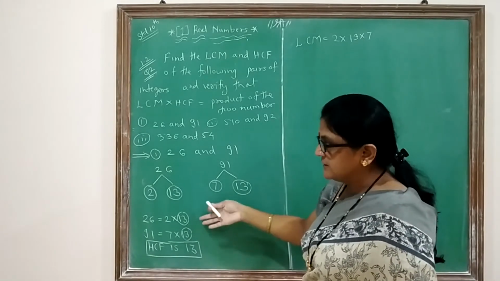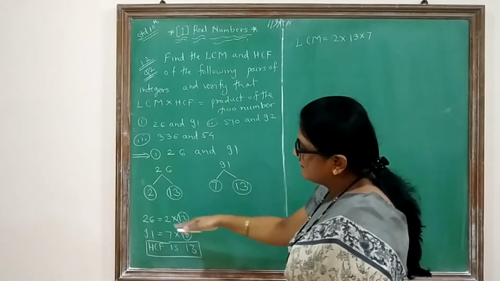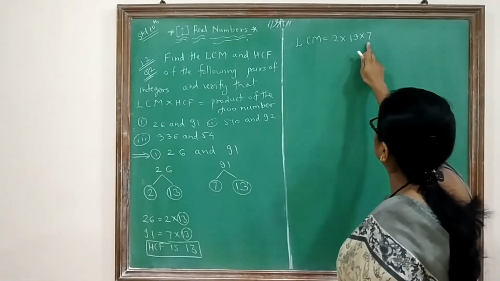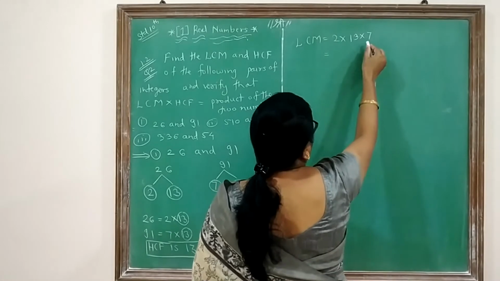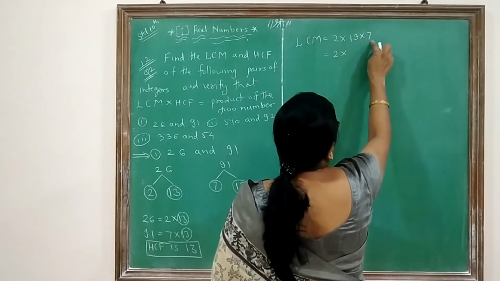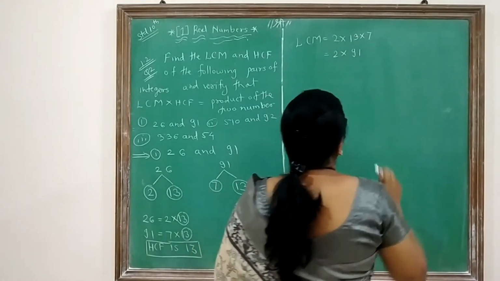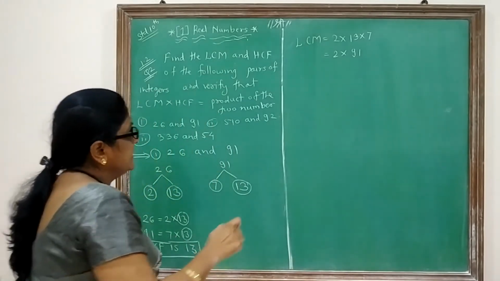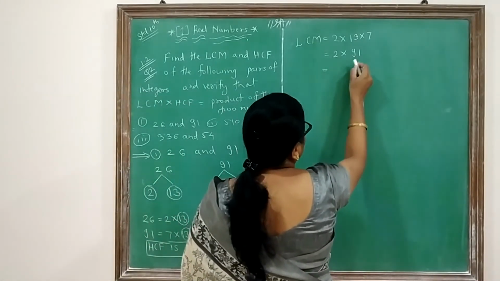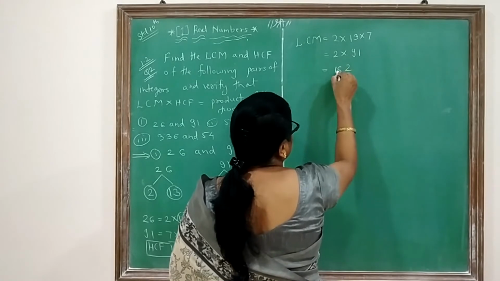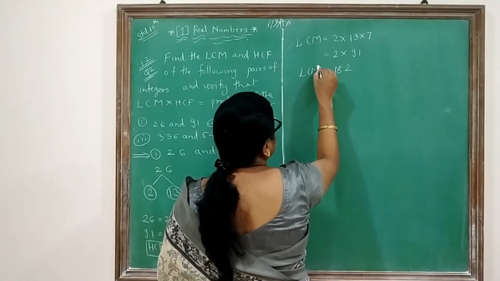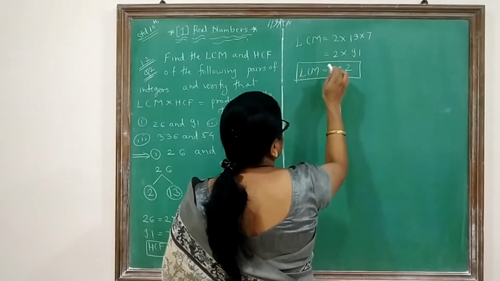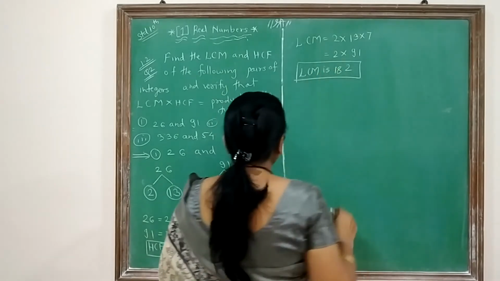Now multiply: 2 into 13 sevens are 91, 91 into 2 is 182. Means your LCM is 182.